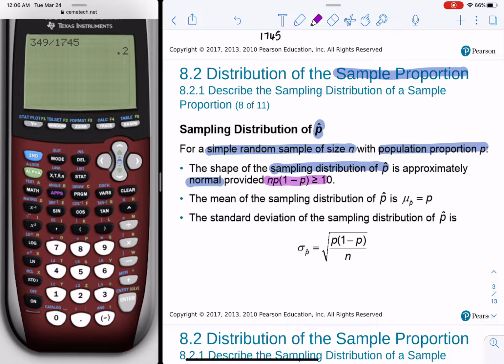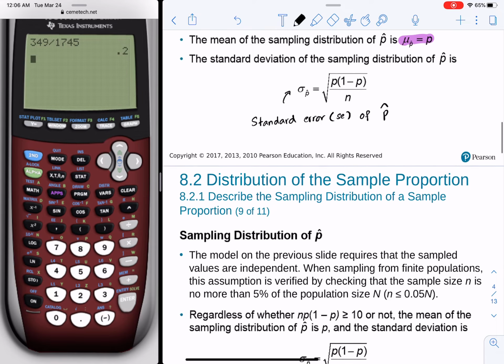This is quite important: n times p times 1 minus p is greater than or equal to 10. The mean of the sampling distribution would simply be the proportion p, and the standard deviation of the sampling distribution of p hat, which is the standard error, or SE of p hat, is given by the square root of p times 1 minus p divided by n.